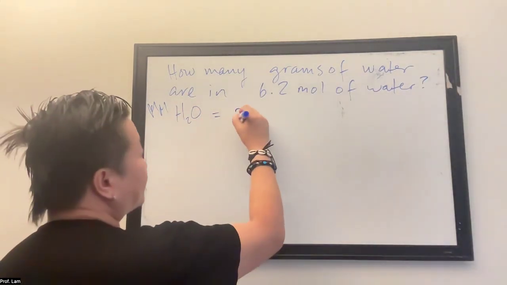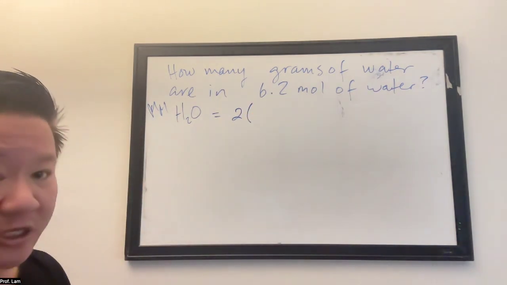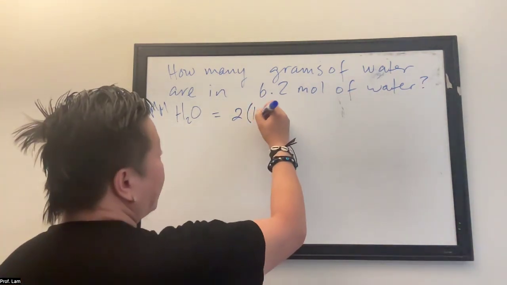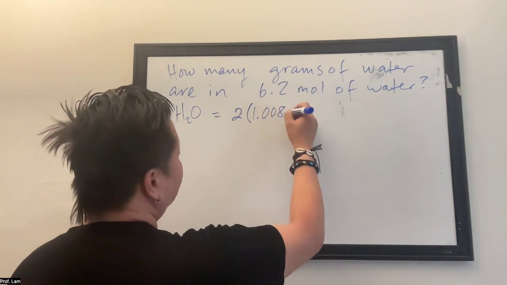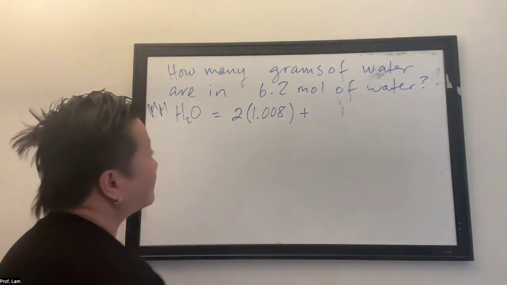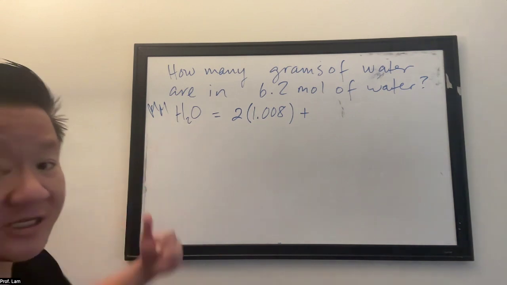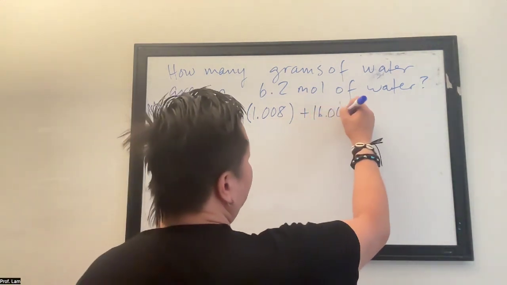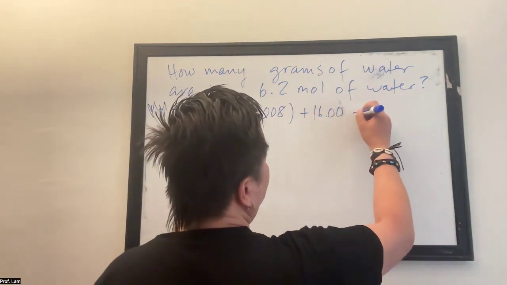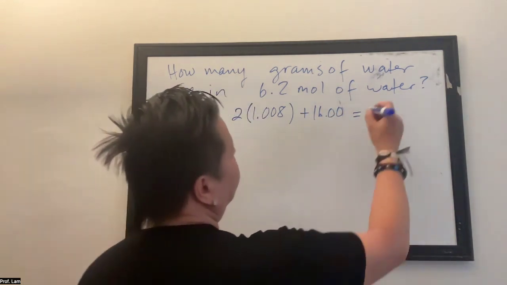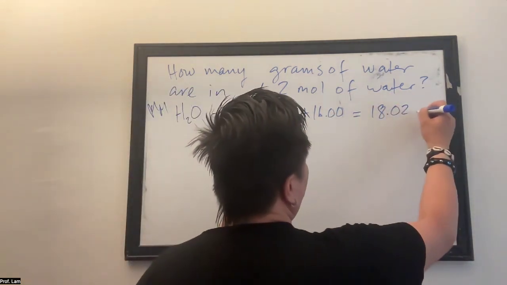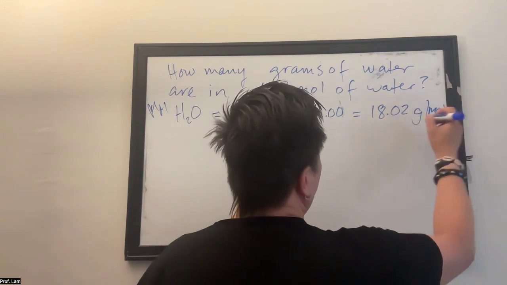There are 2 hydrogens, so 2 times, you can look in your periodic table, hydrogen is 1.008 grams per mole, plus oxygen, which is 16.00 grams per mole, for a total of 18.02 grams per mole.